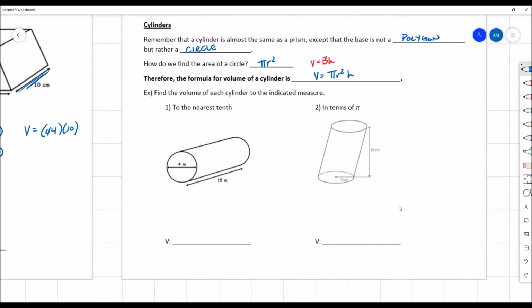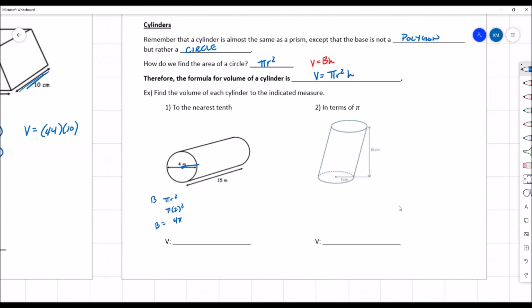Okay. So first question, to the nearest 10th, they're asking us to find the volume of this cylinder. We should be able to find it. Area of the base, our radius is 2, so pi r squared, pi times 2 squared, 4 pi is our base.